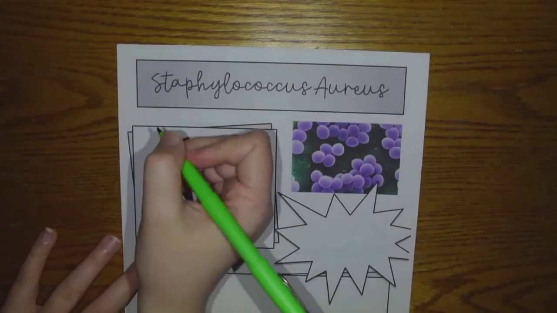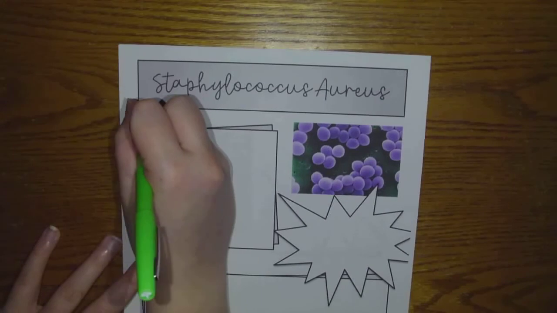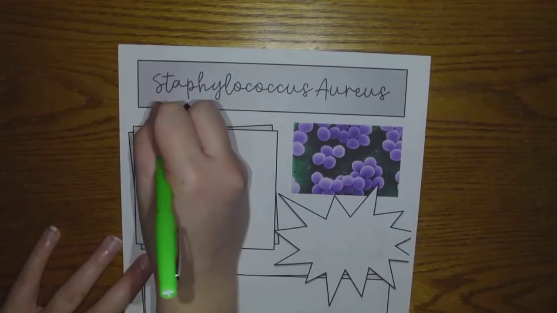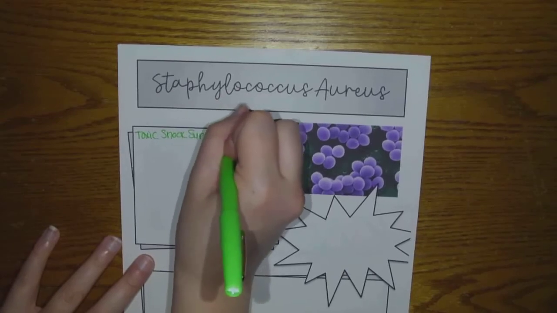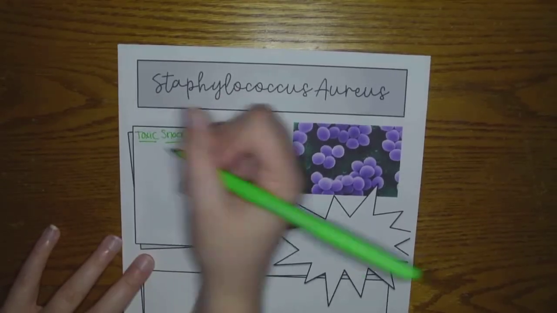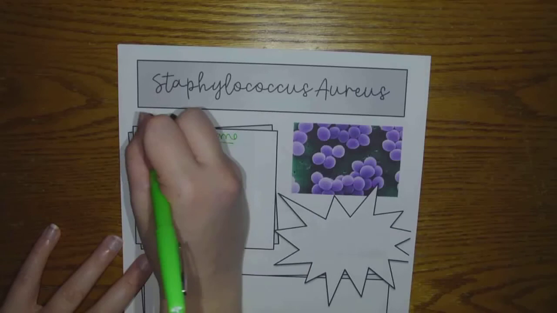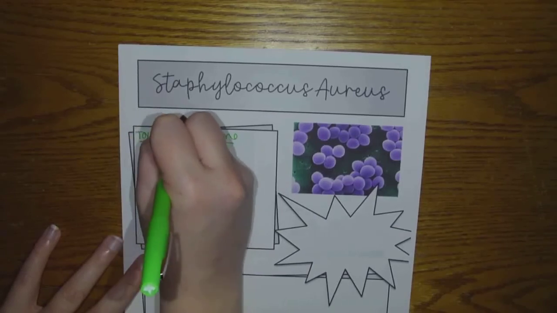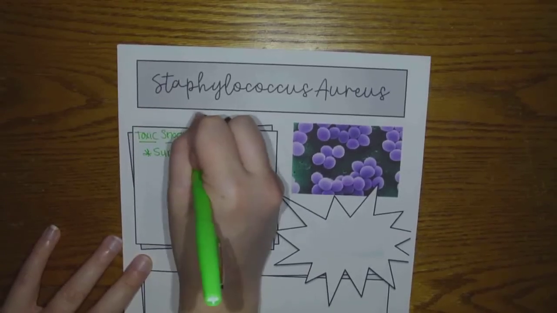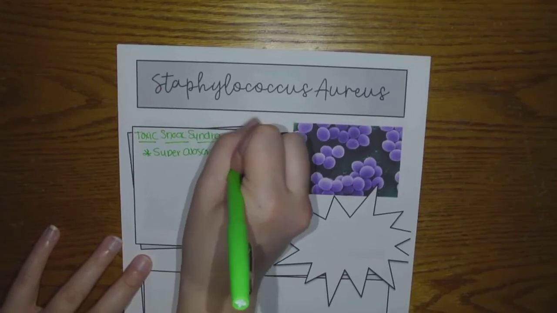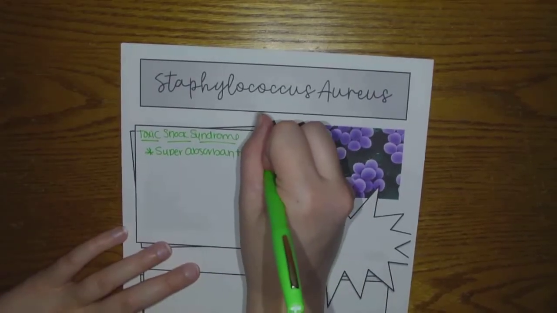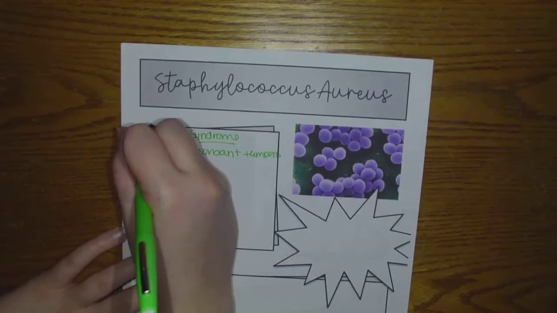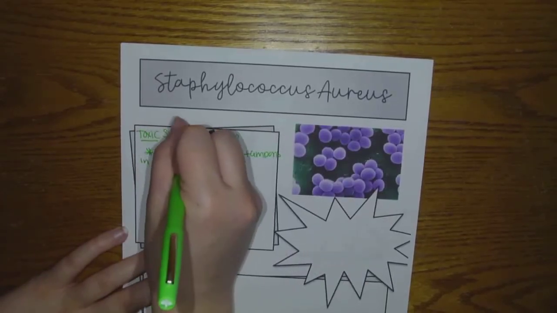So the big thing that Staph aureus causes is going to be toxic shock syndrome. Okay, and that's the big one. And the reason why we know about this is because of the super absorbent tampons in the 1980s.